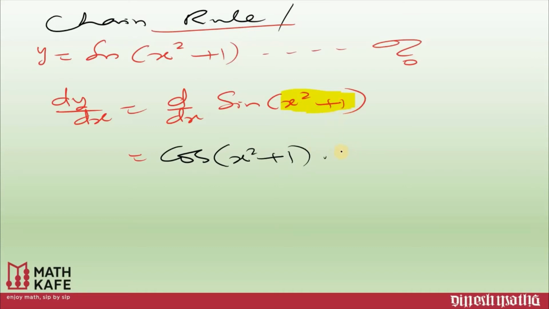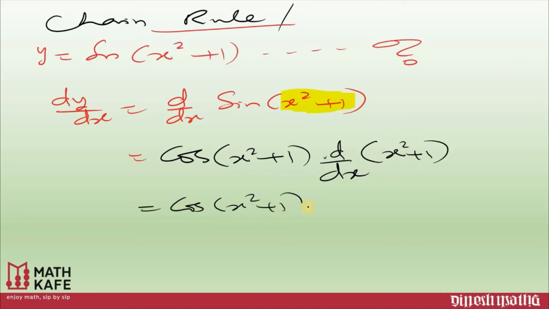Now, the second step is that since this angle part is not an x, you keep differentiating that expression again. So cos of x square plus 1 into 2x. Now think this way. Why am I doing this particular step? Since this variable part is not an x, I just assumed that it is an x and differentiated, so I need to differentiate it again.